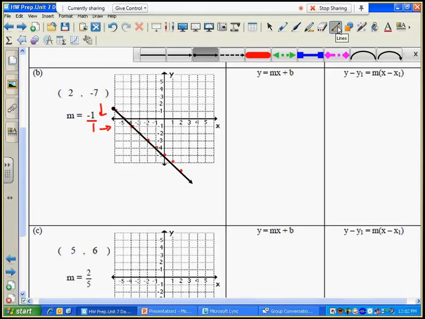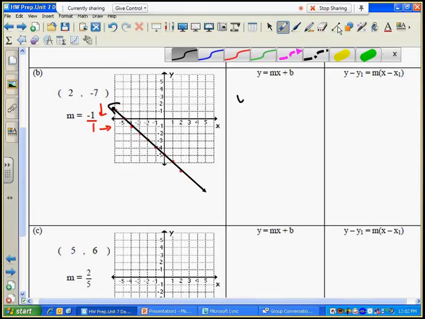Okay. Well, that gives us the line of y equals negative 1x minus 5. Okay. Point-slope form, you're subtracting the y value, so that means you're subtracting a negative 7, means you're going to add it. The slope is negative 1 times (x minus 2).